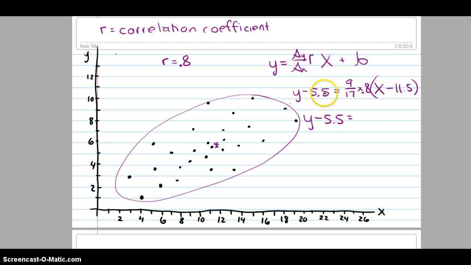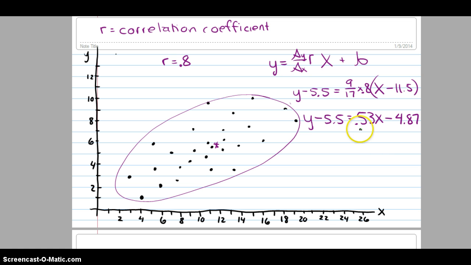If I multiplied that together, it would round to 0.42, and I distribute that times the x. I'm not going to take a rounded slope times the 11.5. I'm going to take 9/17 times 0.8 times 11.5, and that is 4.87.